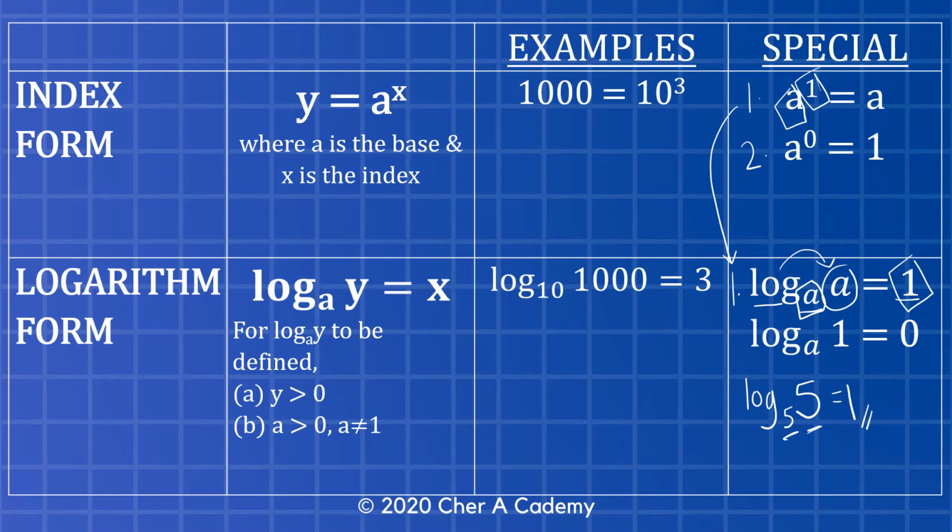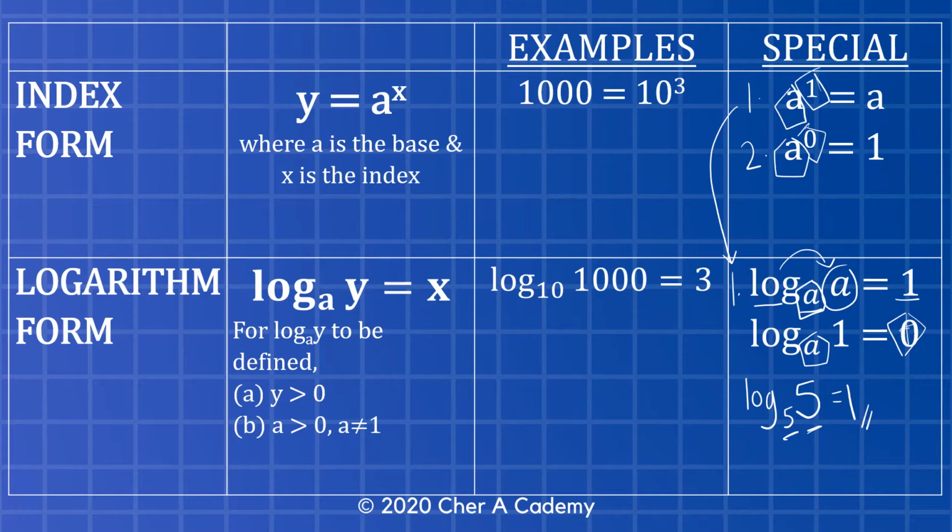Let's look at the second special index form: a to the power of 0 equals 1. When I convert it into log form, I have the base here, the rock, and the power is 0, so it's here, and my 1.